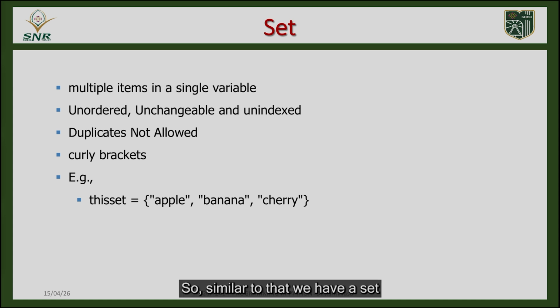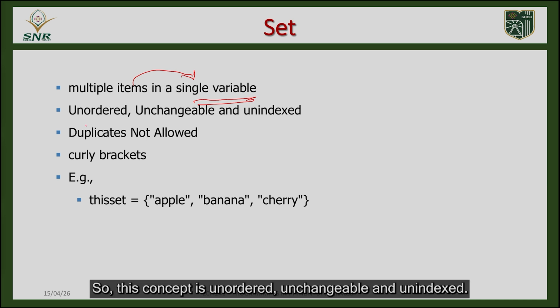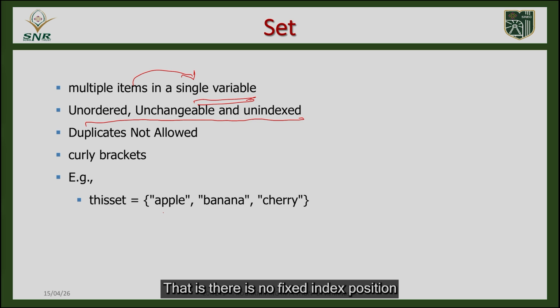Similar to that, we have a set concept in Python also. Here, the same, inside a single variable multiple items can be stored. This concept is unordered, unchangeable and unindexed. That is, there is no fixed index position for the values.